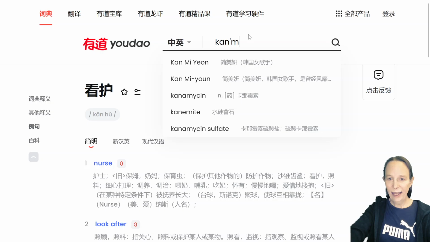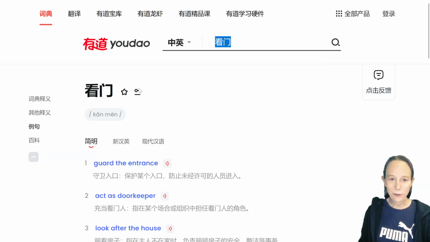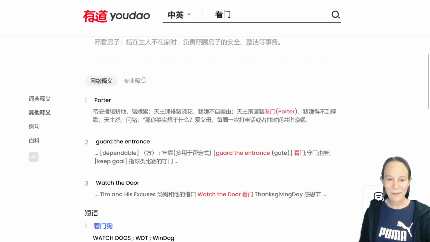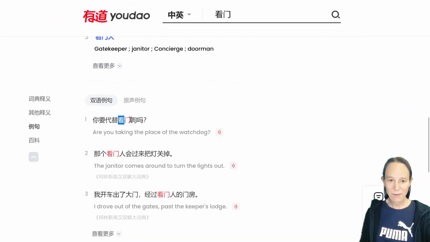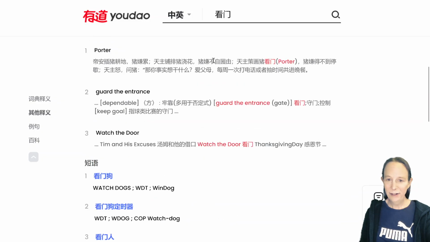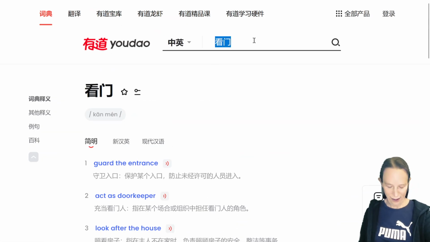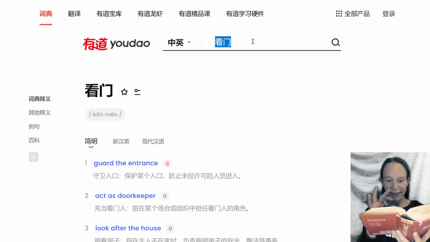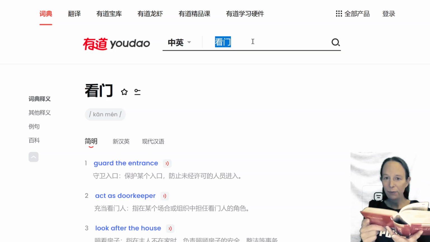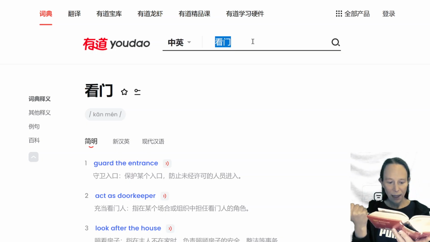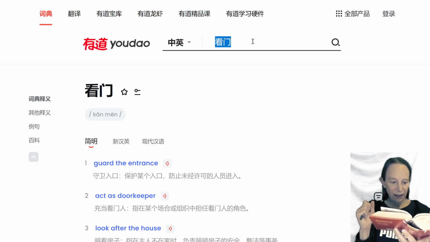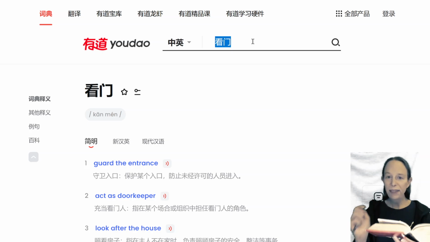So 看门, guard the entrance. 看门, 看门狗. Yeah, etc. Okay, so what were we talking about? 守候. So the second one is 看护. So it's kind of like protect or look after something. 母亲整夜守候在婴儿旁边.